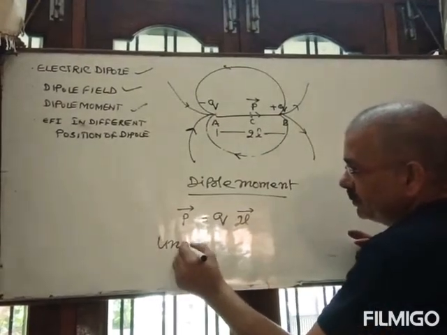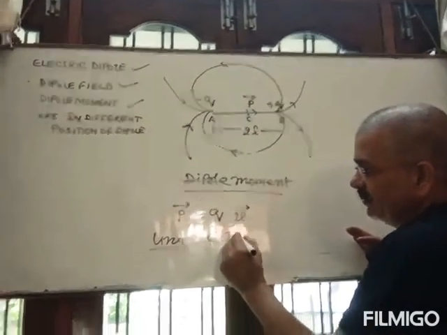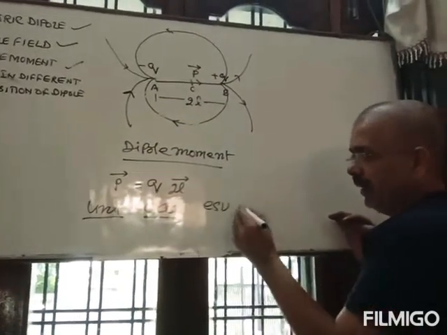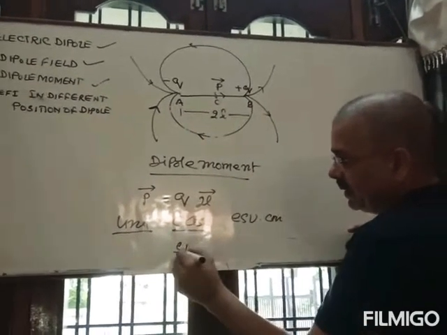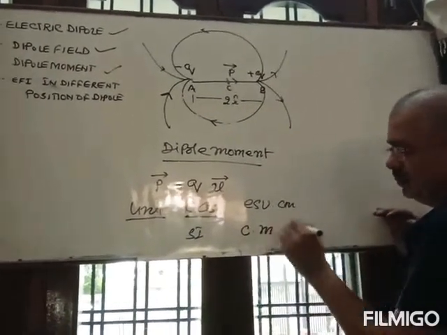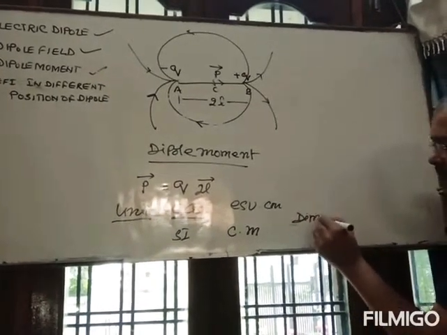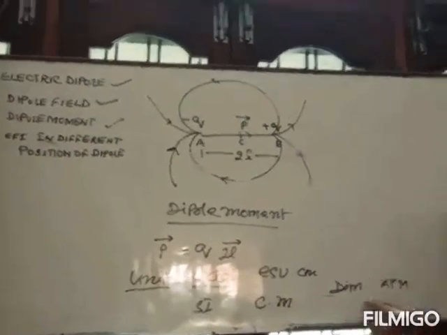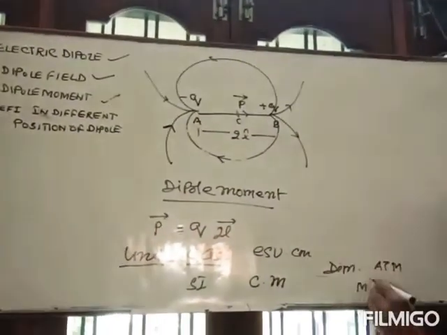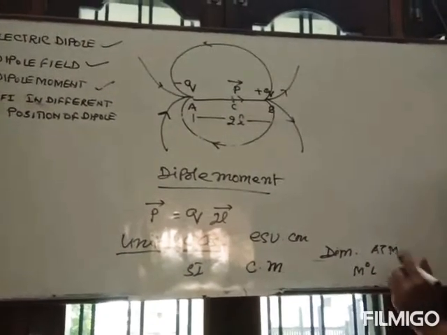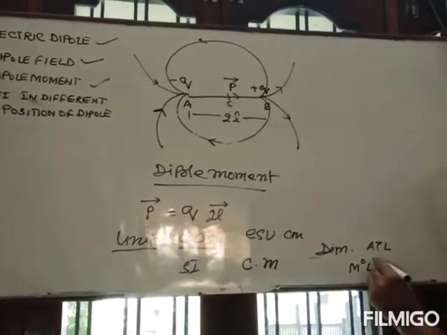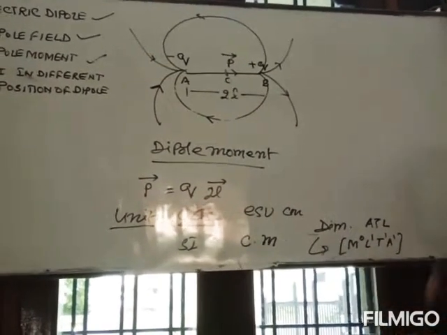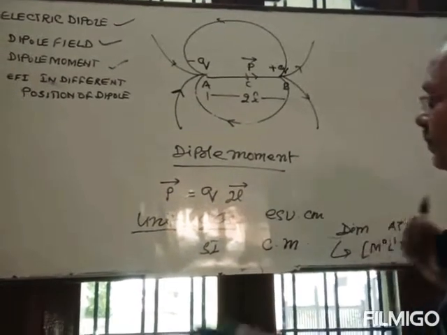Its unit in the CGS system is stat coulomb centimeter, or ESU, and in SI it becomes coulomb meter. Its dimension is M0 L1 T1 A1. This is the dimension of dipole moment.